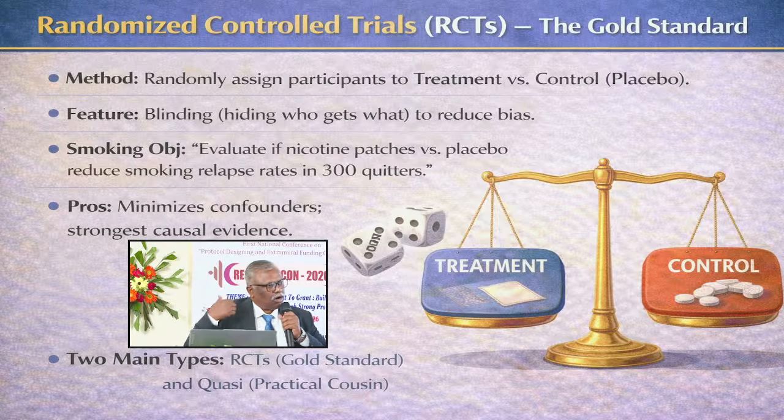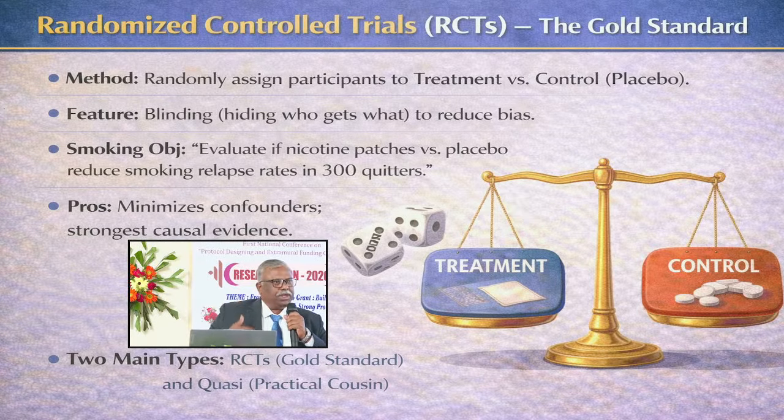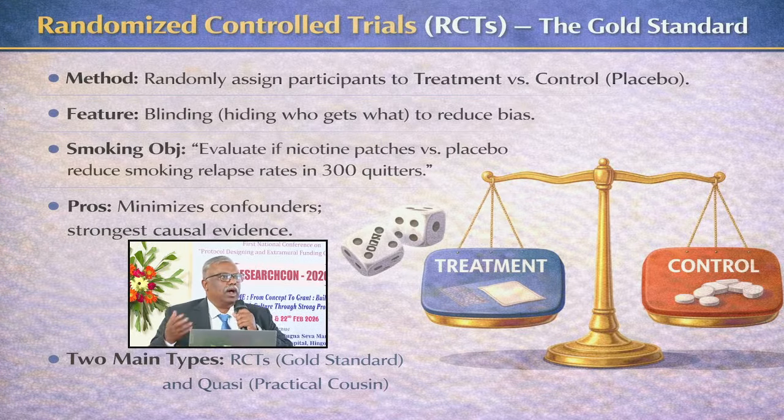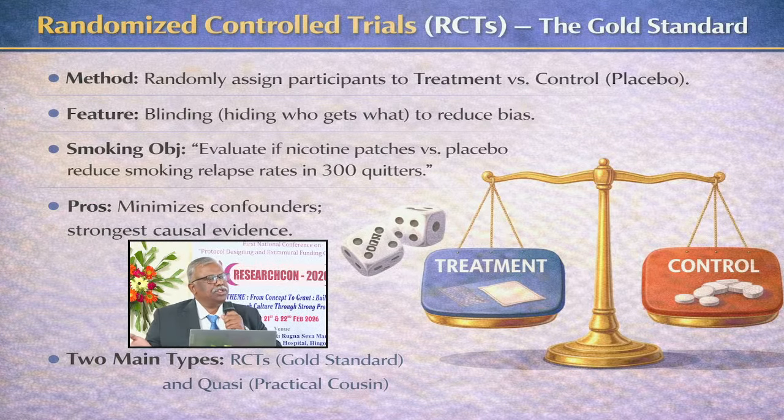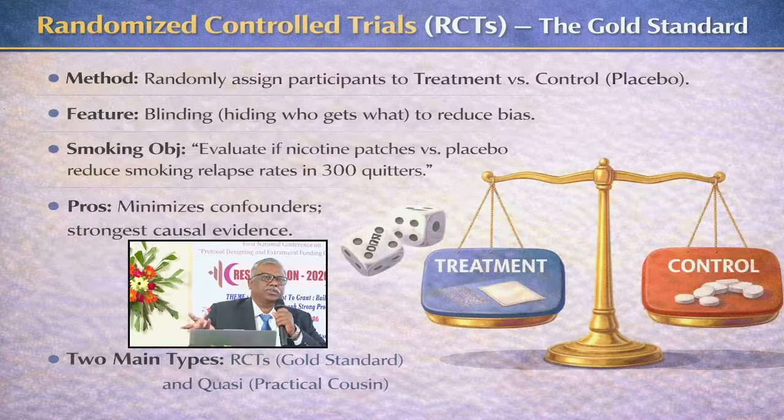If the doctor also doesn't know, along with the patient, which patient will receive which treatment, that is called double blinding. If the statistician who analyzes the data also doesn't know which patient follows which treatment group, it is called triple blind.